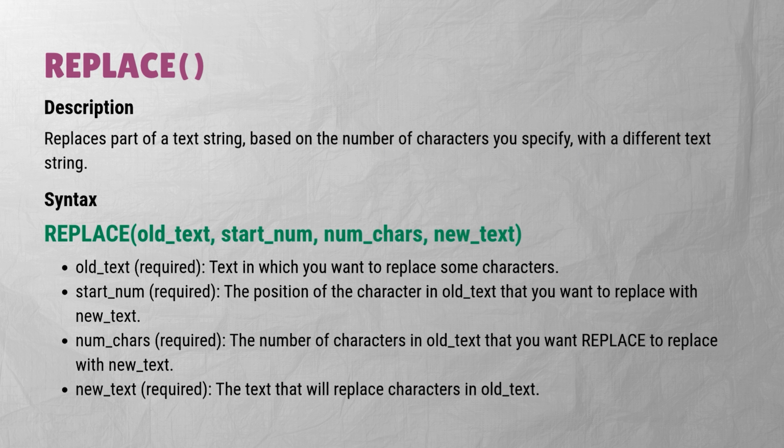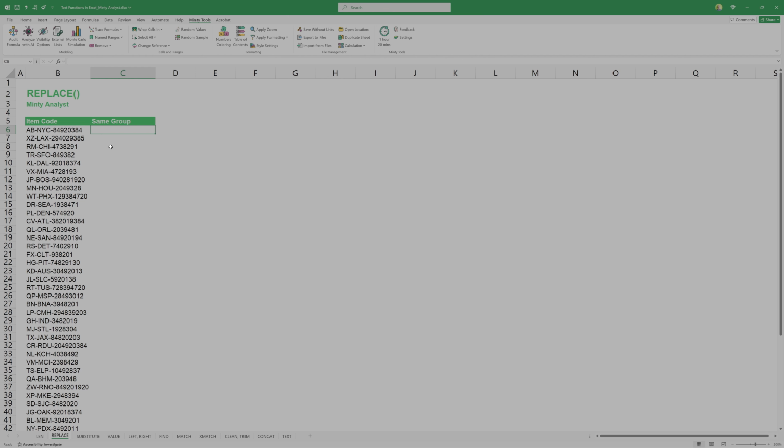Keep in mind, the number of characters here does not have to equal the number of characters that we're providing. We can use the REPLACE function, for example, to change a group or some part of an item code. In this example, we grab the old text. We're going to say that our start number is 4, after the AB dash, and then we want to change those 3 characters, so our group NYC.